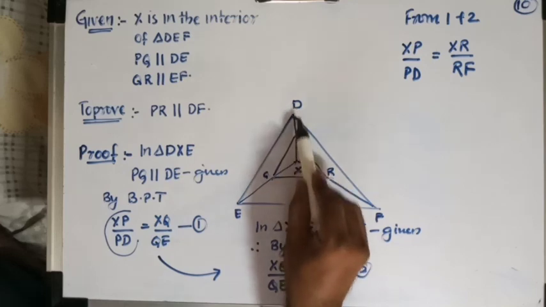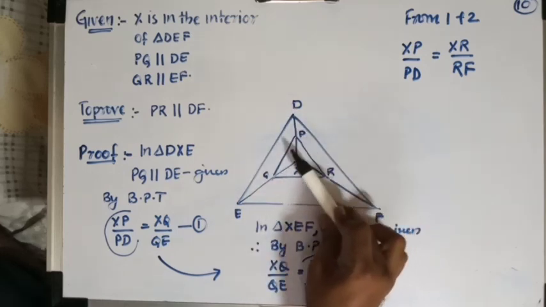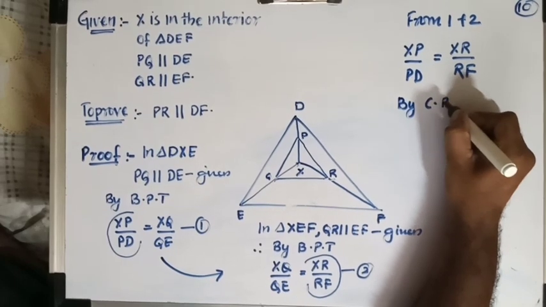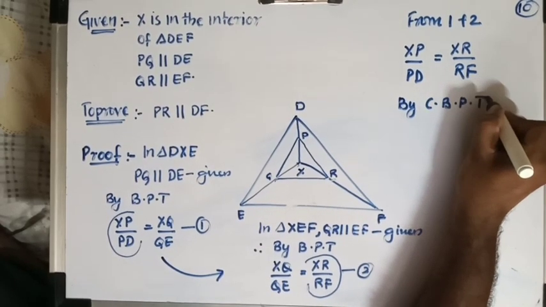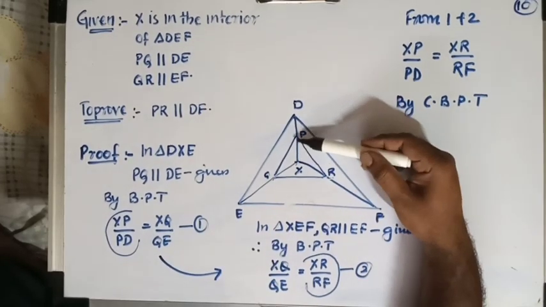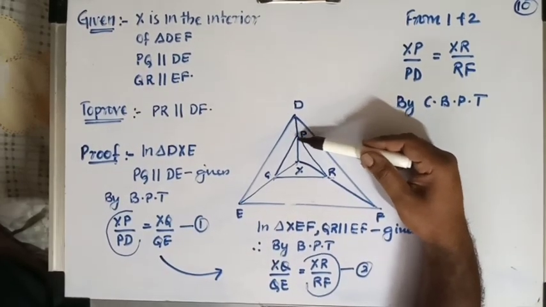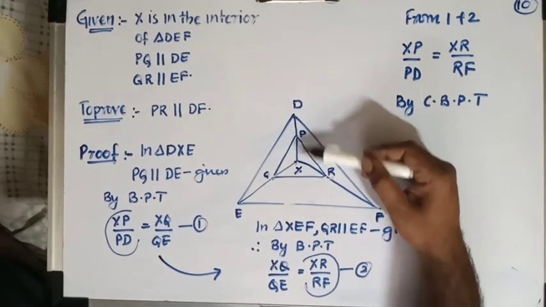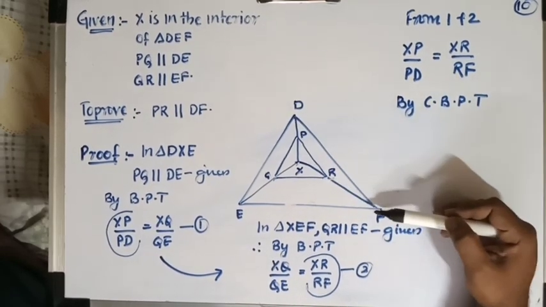Now see, XP upon PD is equal to XR upon RF. So when sides are in proportion, the lines will be parallel. So by converse of basic proportionality theorem, in this triangle XDF, the sides are in proportion. Okay, PR divides the both sides in proportion, that is, XP upon PD is equal to XR upon RF.